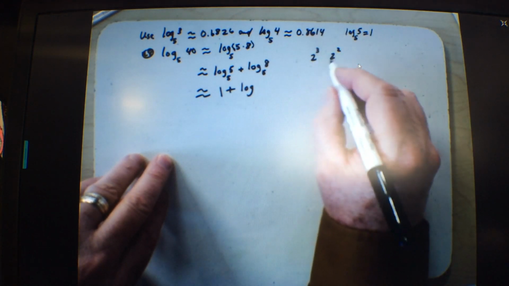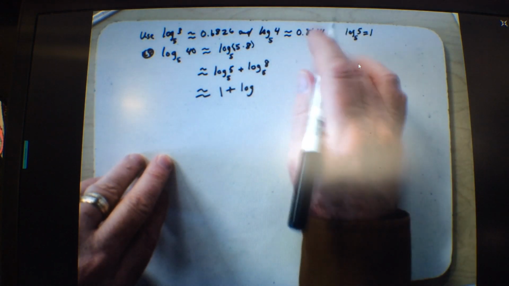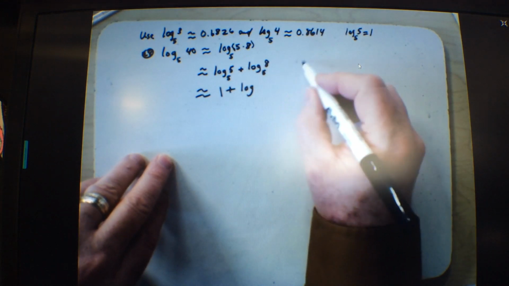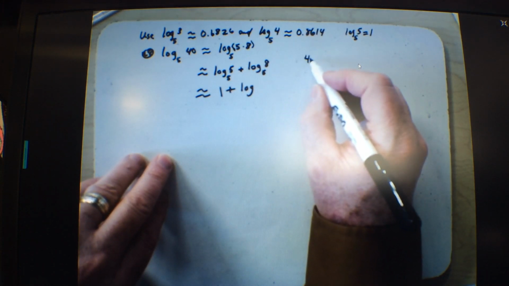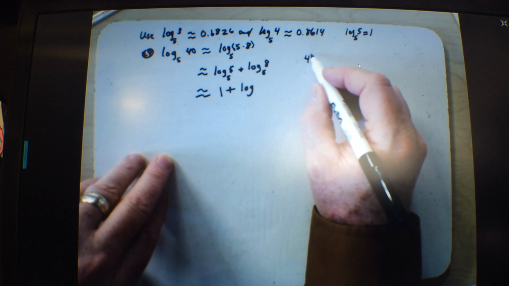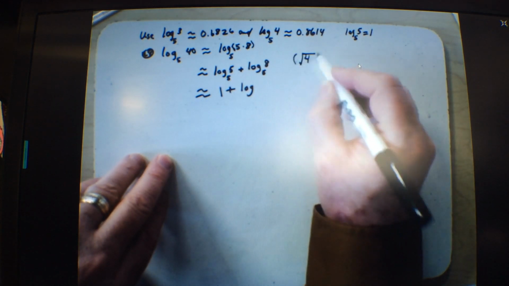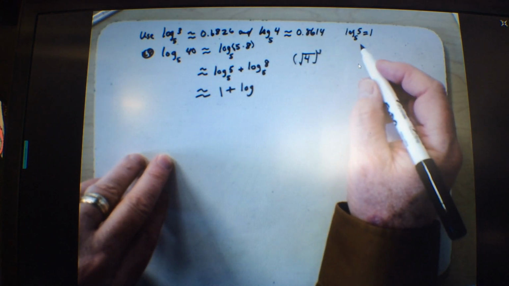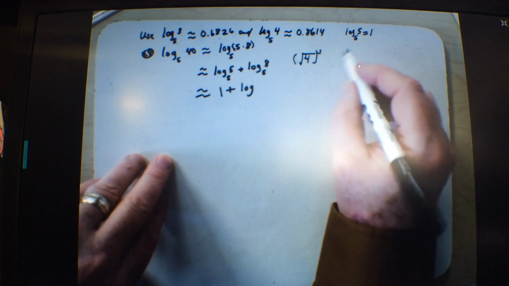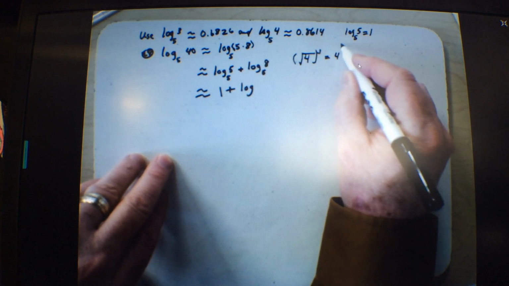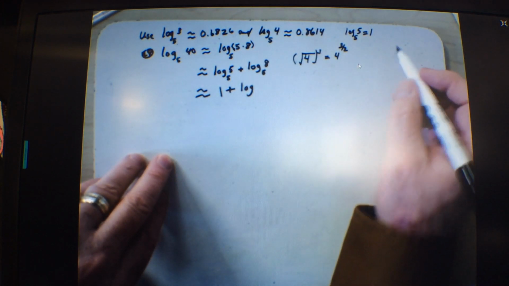Well, we can use this concept. We can say that if I take 4 and I take the square root of it, correct? That's 2, right? And then I can cube it, right? Is that true? That is really 4 to the 3/2 power.